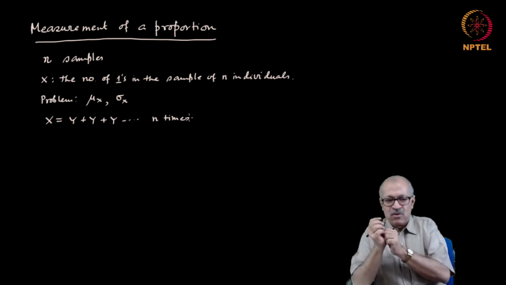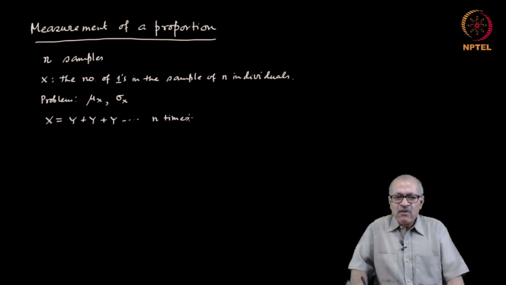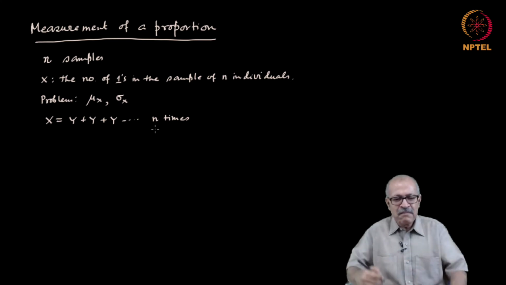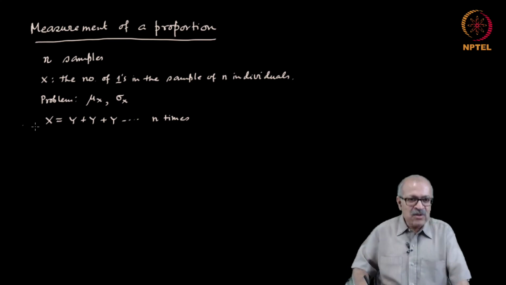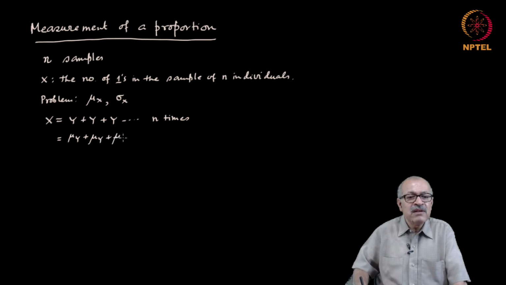So, if that be so, we have already found out what is the mean of y, then the mean of x is nothing but the mean of y n times. So, then we can argue that the mean of x can be simply expressed as the mean of y plus the mean of y plus the mean of y, n times.